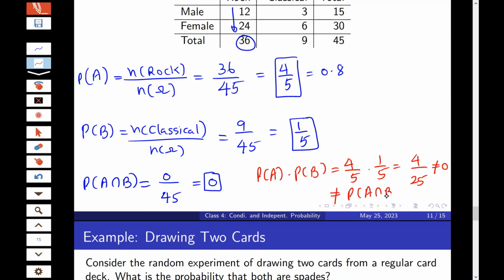So this is not equal to A intersection B. That means we can say A and B are not independent, or you can say A and B are dependent. That's how you can write down your answer. Just showing this is not enough, you have to say whether it is independent or not. In this case A and B are not independent.